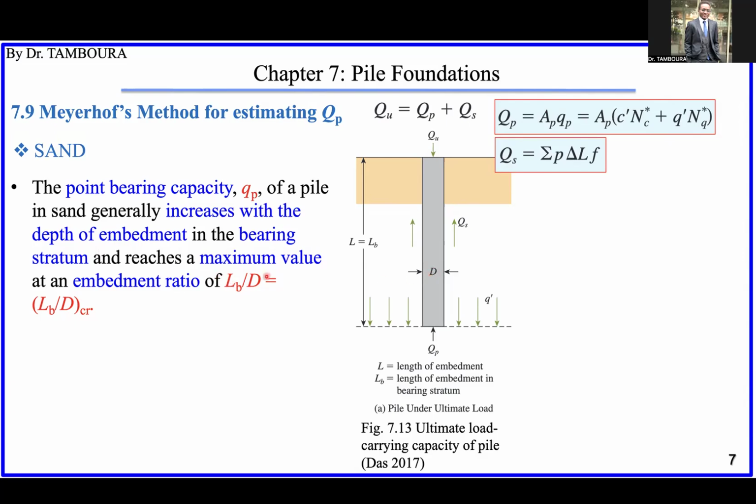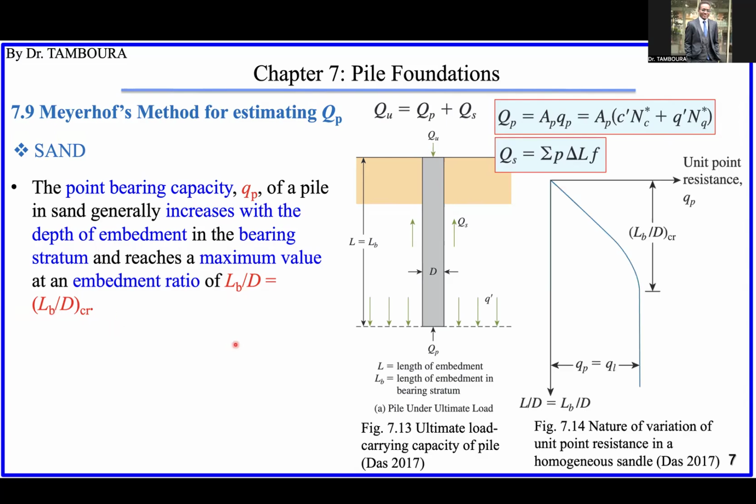So LB divided by D. When this ratio increases, the end bearing capacity will increase until you reach a certain ratio, the critical ratio, from which the end bearing capacity doesn't increase anymore.